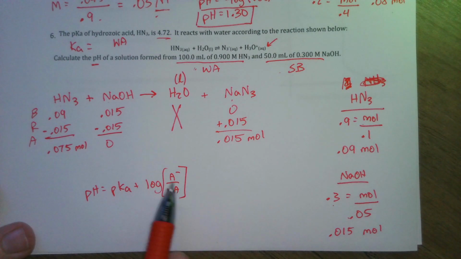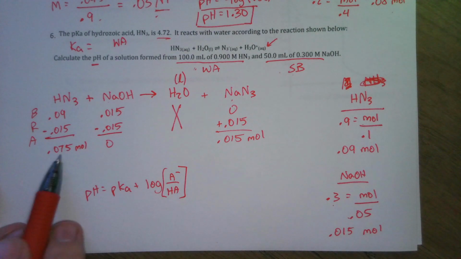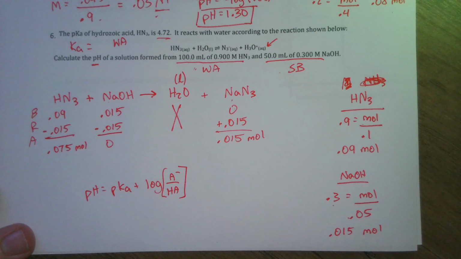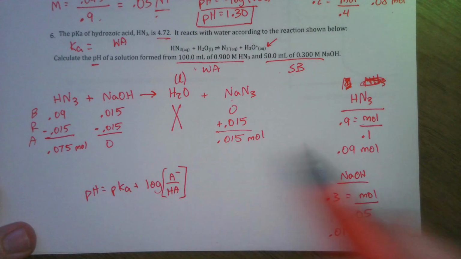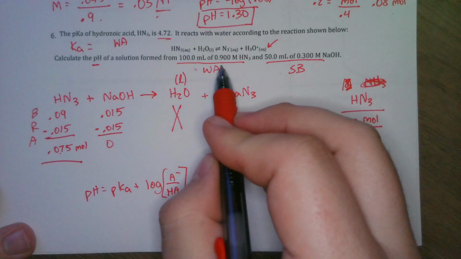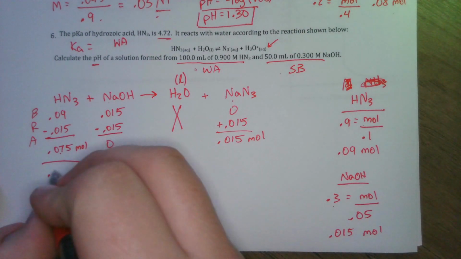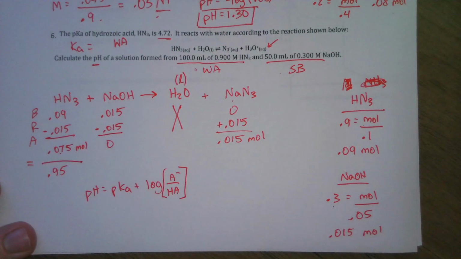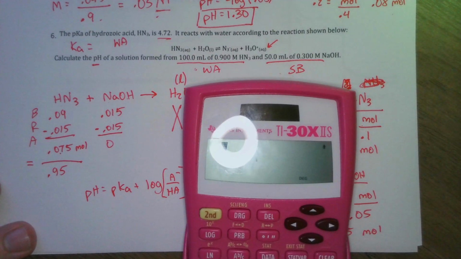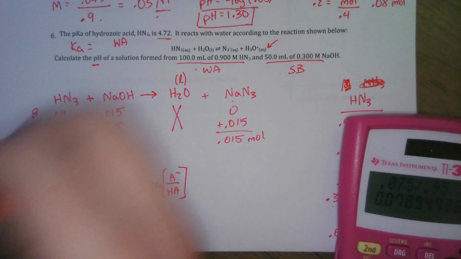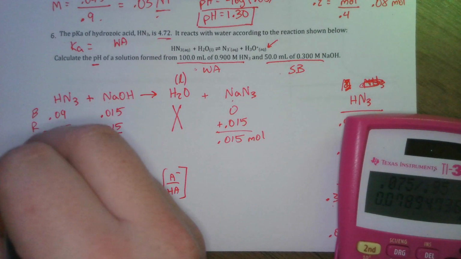I'm going to plug in everything except, again, I have brackets, which means I need concentration. So I have moles, I need liters. I need to use the liters to find molarity. So let's do that. Instead of showing a whole different step, I'm just going to divide the moles by my new liters, 950 milliliters, or 0.95 liters. Taking this number, dividing by 0.95, I get 0.0789 molar.